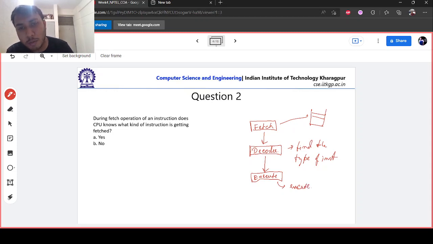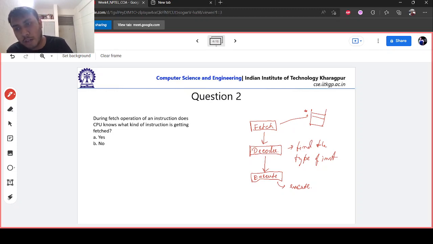During the fetch operation, the only thing it does is get the instruction from the memory. That is the only job it does.